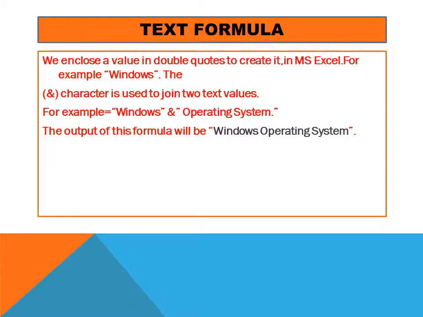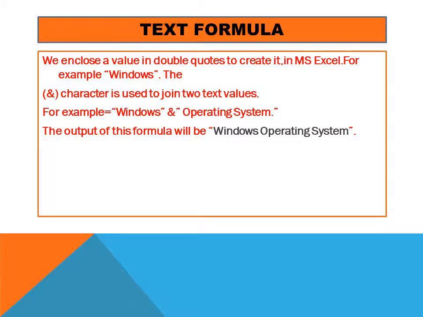Okay, and do you know that is already given in the book? The activity of connecting two text values logically with a formula is called concatenation. So while we connect two text values logically with the formula, it is known as concatenation. This was all about the text formula.